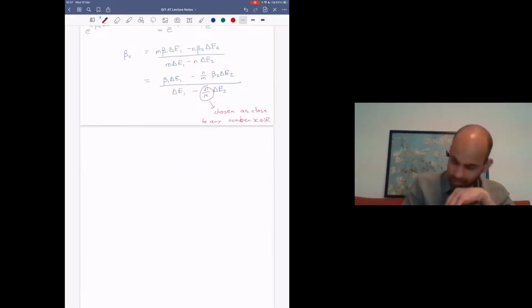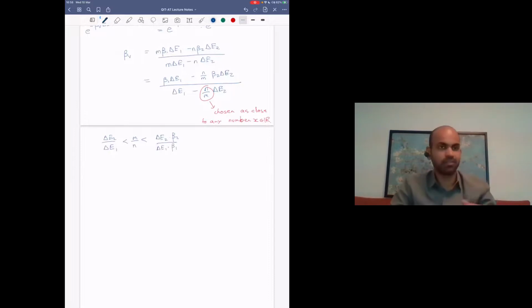So for example, if you pick delta E2 upon delta E1 less than M over N less than delta E2 times beta 2 upon delta E1 times beta 1, then it will be the case that this value is negative.